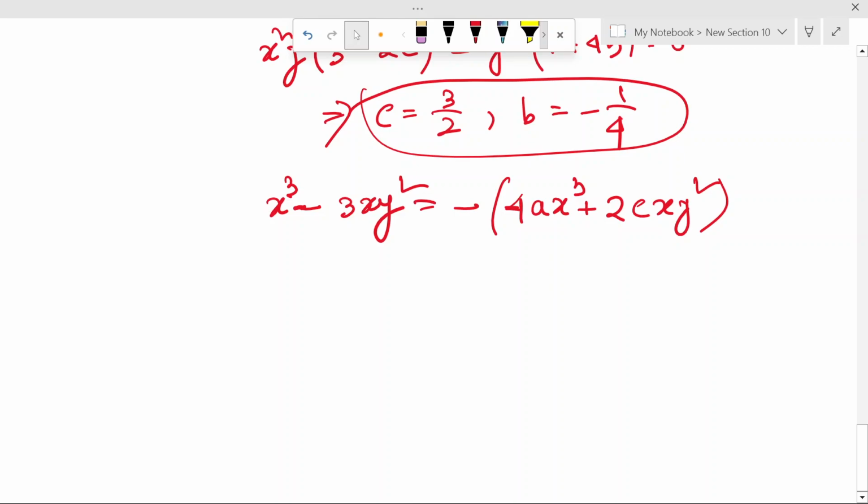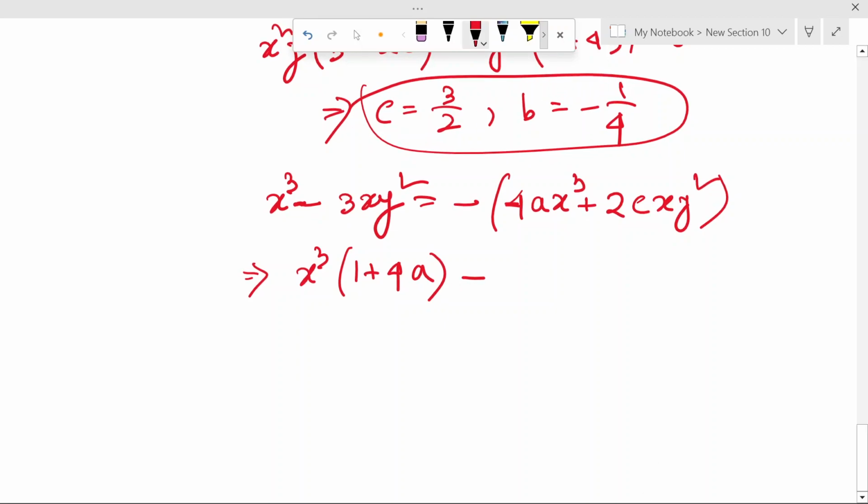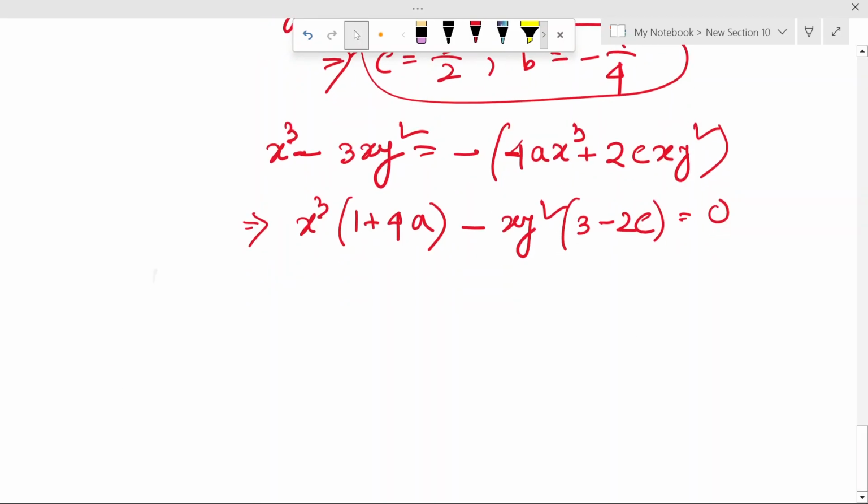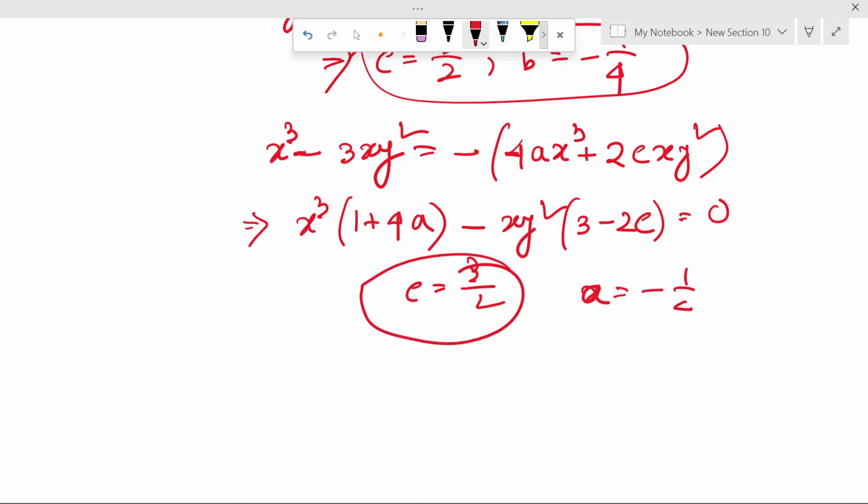Now you can take x cube common, right? It is x cube times (1 plus 4a) minus x y square times (3 minus 2c) is equal to 0. Again you get c is equal to 3 by 2, consistent with the earlier result, and a is equal to minus 1 by 4.